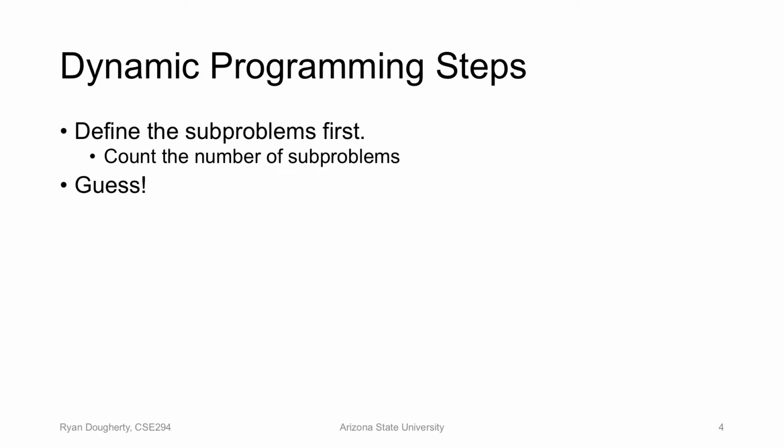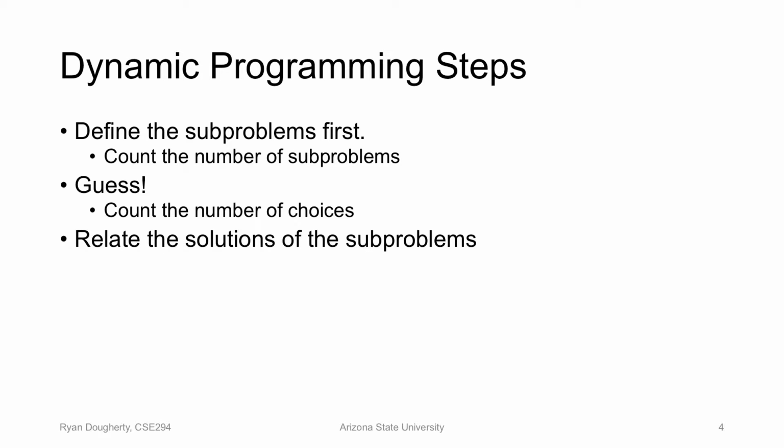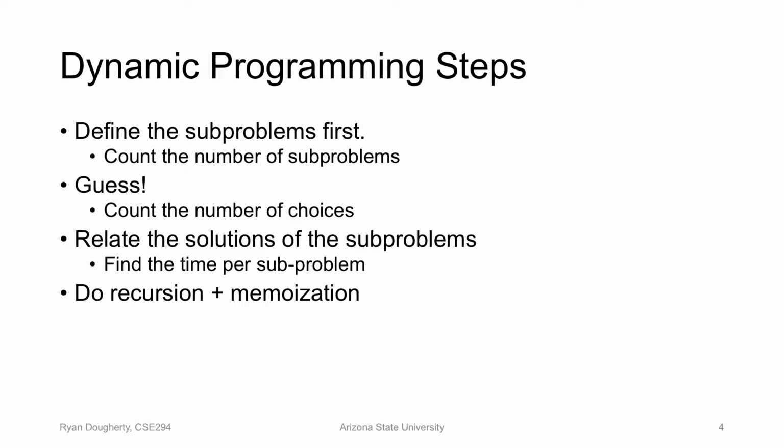Then we're going to guess, which means that we're going to guess that these recursive calls do the correct thing. Then we count the number of choices that could possibly happen. We relate the solutions of the subproblems together in some way, and then find the time that it takes per subproblem. Then we do recursion with memoization.